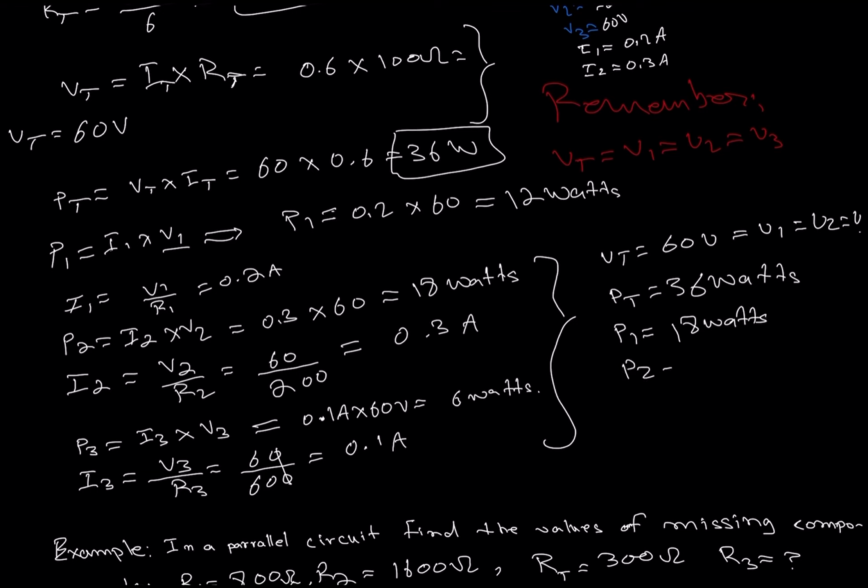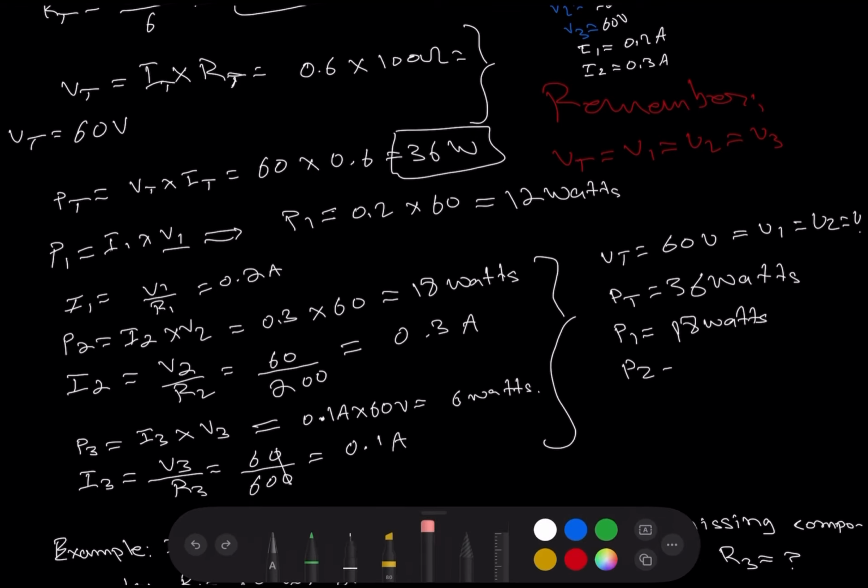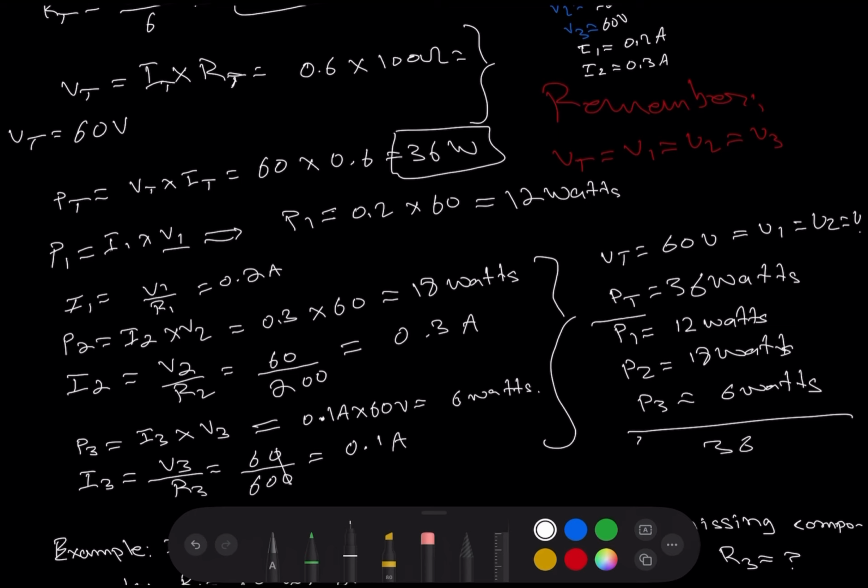P1 is equal to 12 watts. P2 is equal to 18 watts. P3 is equal to 6 watts. If you add them all together, it will give you 36. These will give you PT, 36 watts.